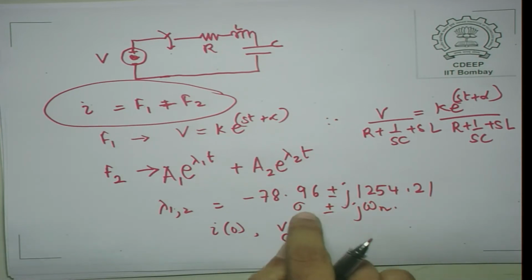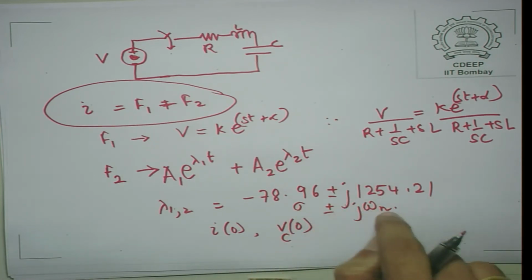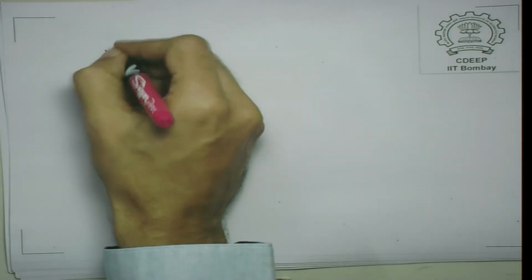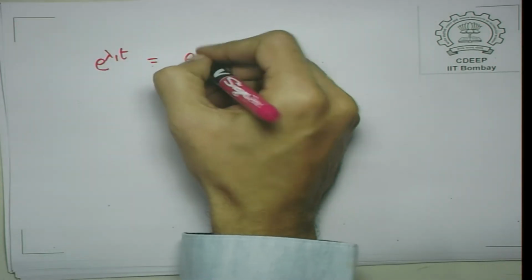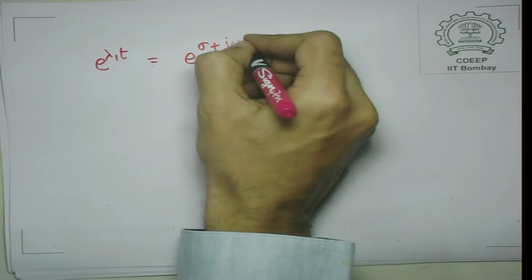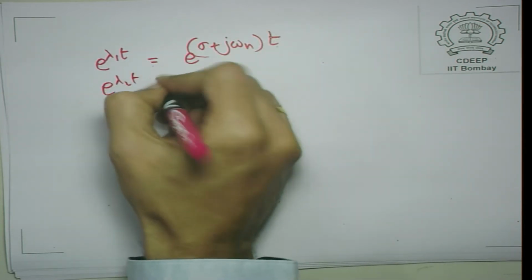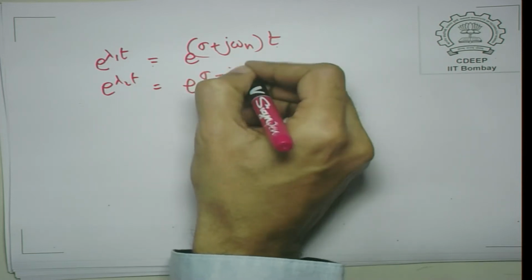Now, sigma plus or minus j omega n is what you call the natural frequency of the circuit. What you will find is that your response is in fact e raised to lambda 1 t equal to e raised to sigma plus j omega n t, and e raised to lambda 2 t is equal to e raised to sigma minus j omega n t.